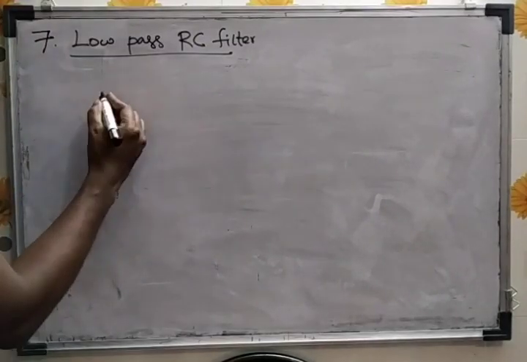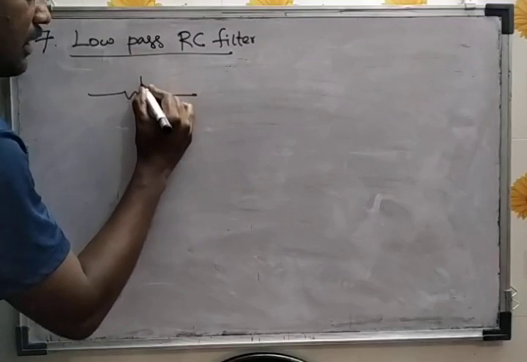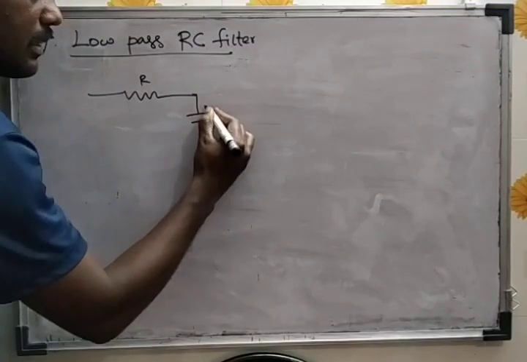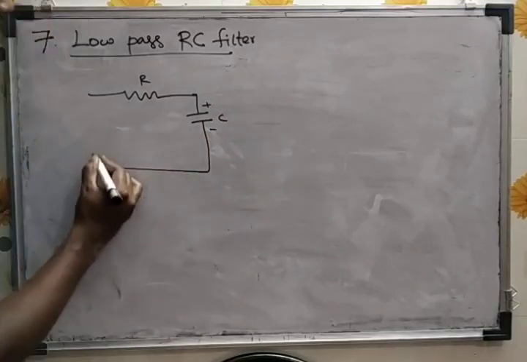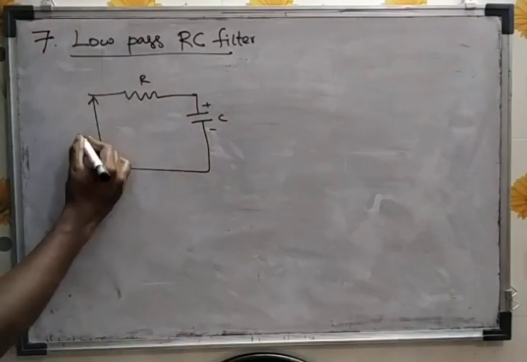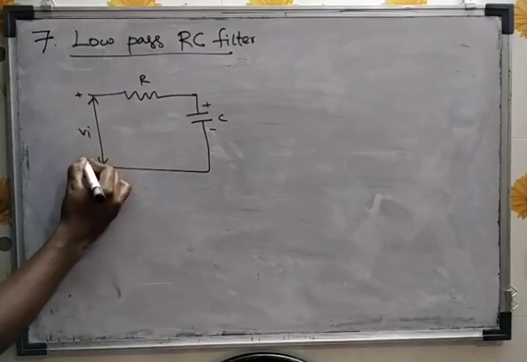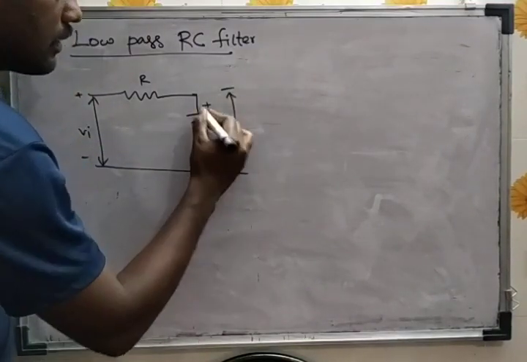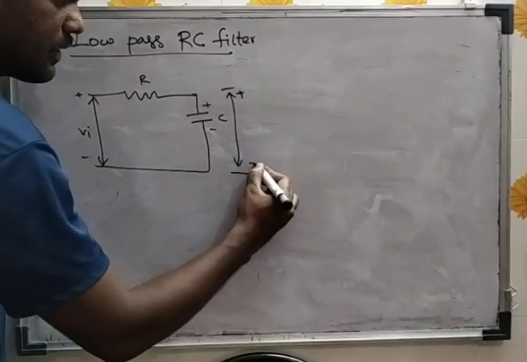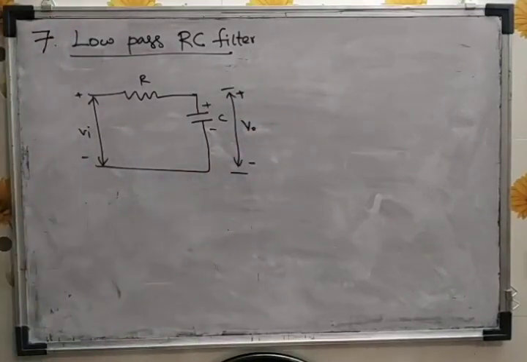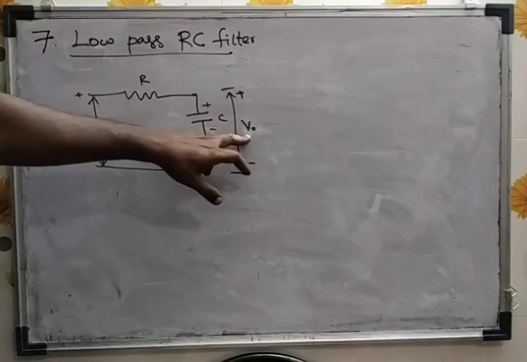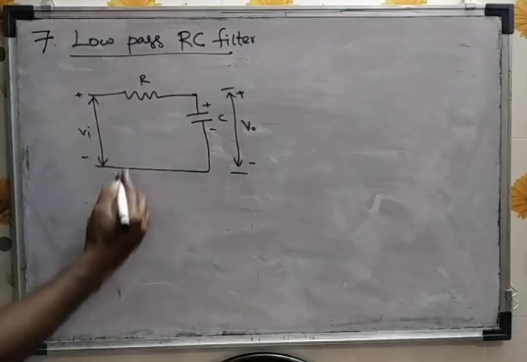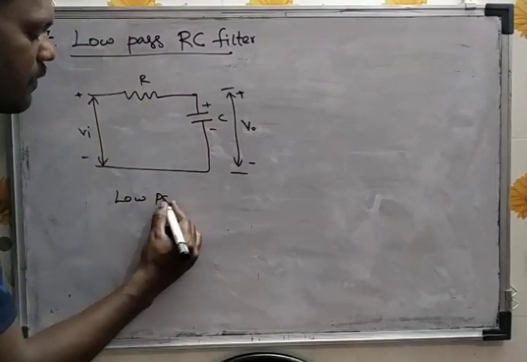Here we have a series resistance R and a shunt capacitance C. We are giving the input here and we are taking the output across capacitance C, that is V0. So this circuit is actually a low pass filter.